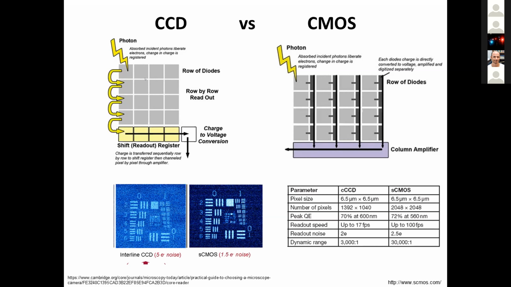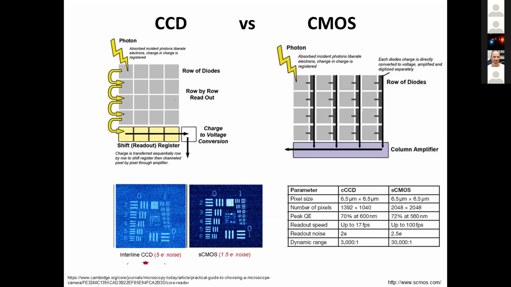So we will not be able to acquire a new image until we read all the data. The data comes out one by one to the amplifier and the charge to voltage conversion. Until we get out the last pixel, we will not be able to take a new measurement.